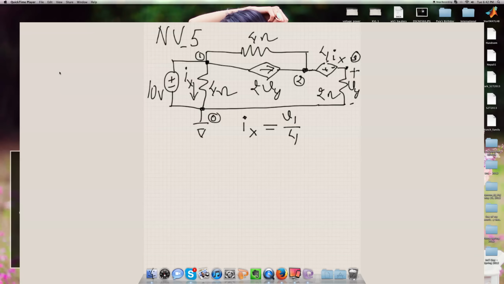And likewise, if we look at node number 3, we quickly realize V sub y is simply V sub 3. So these expressions help us understand the diamonds because these appear as the output of the 2 diamonds.